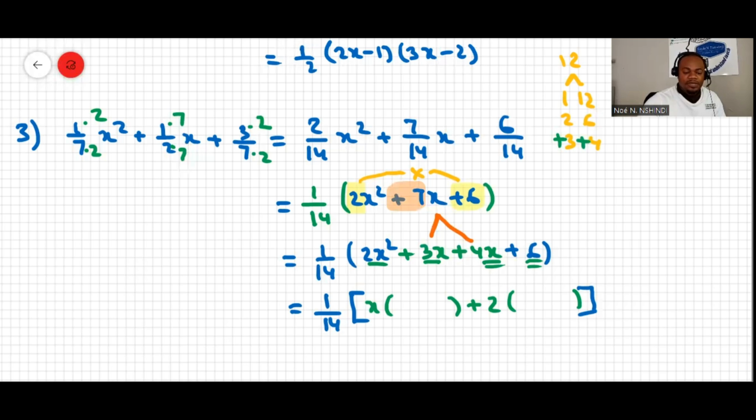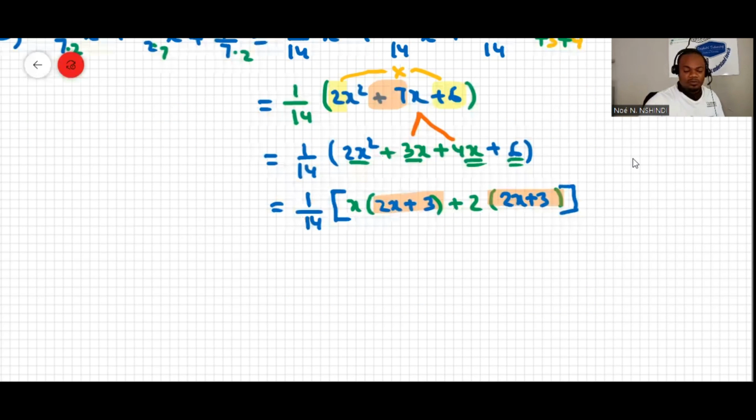If I take x as the common factor for the first pair, we will be left with 2x plus 3. And for the last pair, it's going to be 2x plus 3. Note that what is in the bracket here must always be the same. Otherwise, either the factorization is incorrect, or we selected the wrong pair of factors of 12.